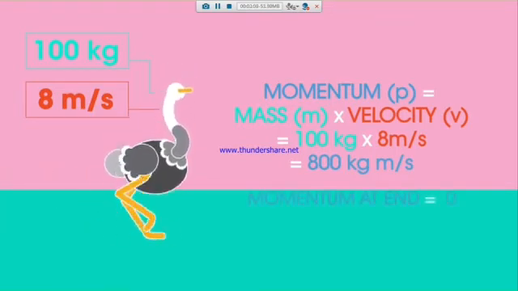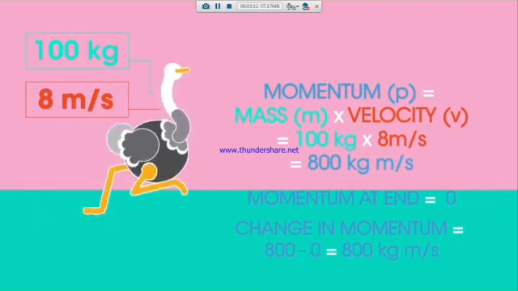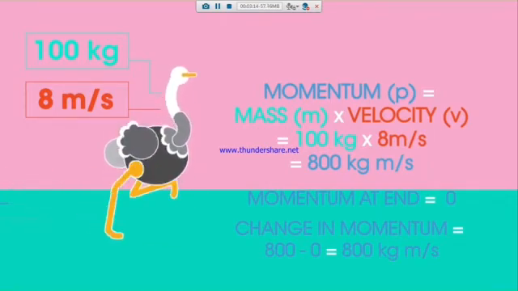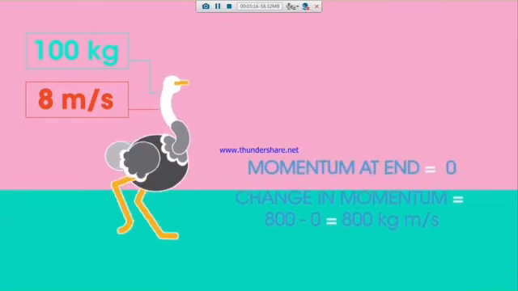Momentum at the end equals 0. That's because the ostrich stopped. So the change in momentum equals 800 minus 0, which equals 800 kilogram times meter per second.